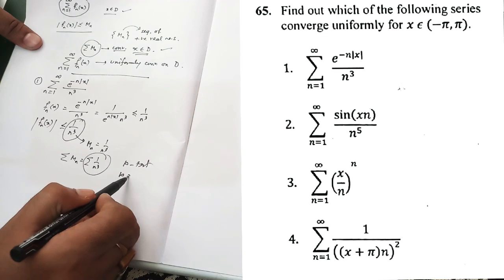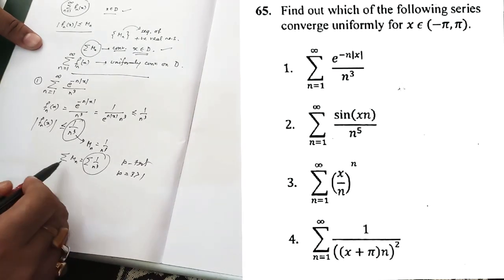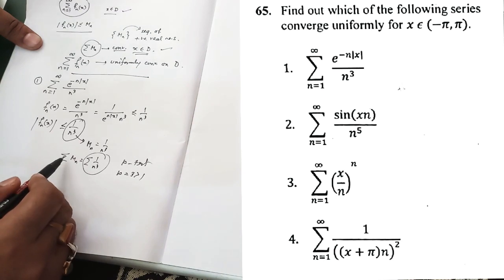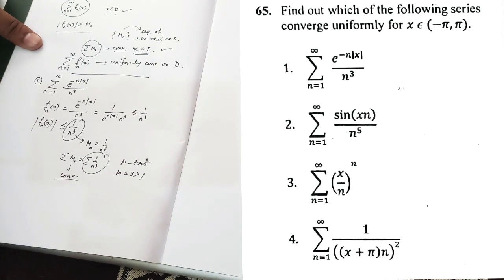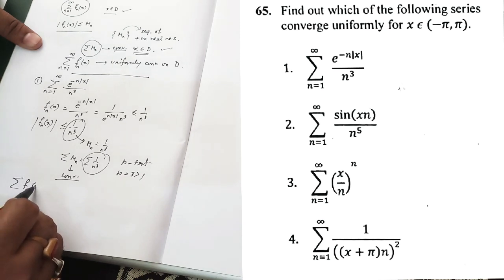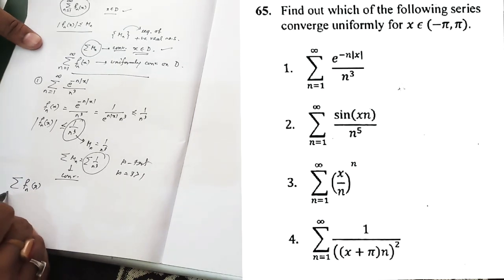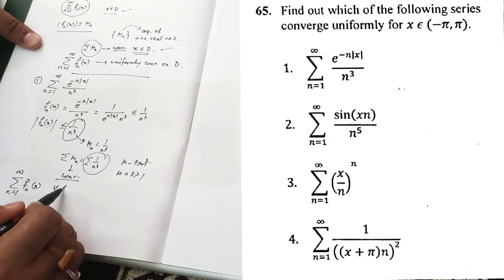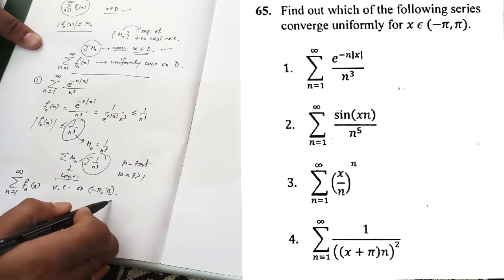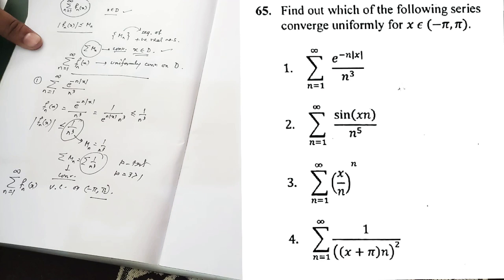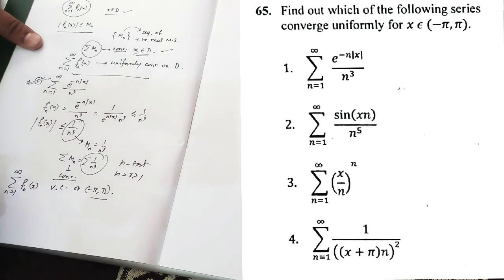Here p is equal to 3, which is greater than 1, so by the p test your series M_n is going to be convergent, and by the Weierstrass M test you can immediately conclude that your series of functions is going to be uniformly convergent on minus pi to plus pi. Here the interval doesn't matter, in fact. Thus our first option is correct and it is uniformly convergent.